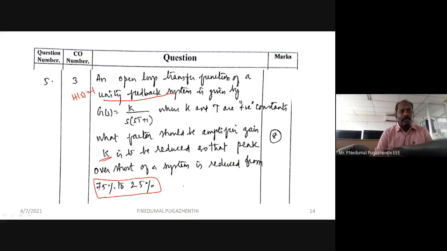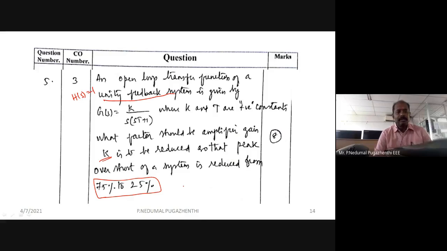Then we have to find the relation between this 75 and 25 by taking a ratio between them, and you have to find the value of K. First keep the K value to be K1 when it is 75, and K2 when it is 25, then find the relationship between these two. Okay, you will be able to get the result.